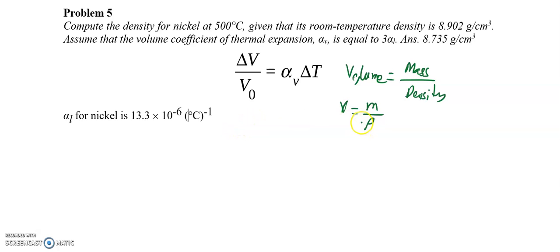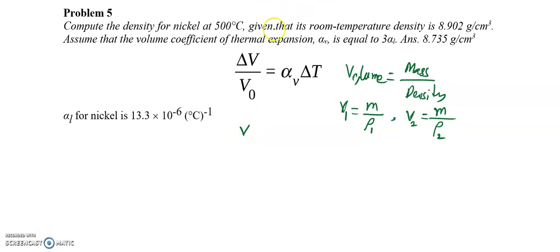So if the initial volume is V1 and the initial density is rho1, V1 is equal to M over rho1. And similarly, if the volume is changed to V2, then it will be a new density.